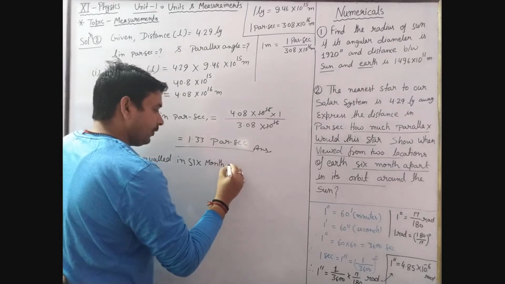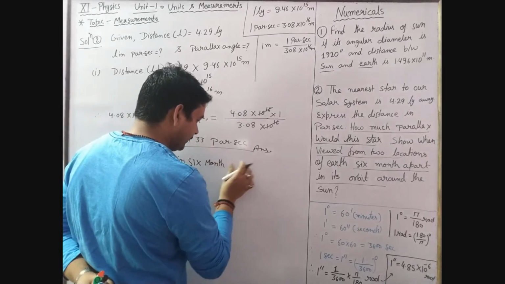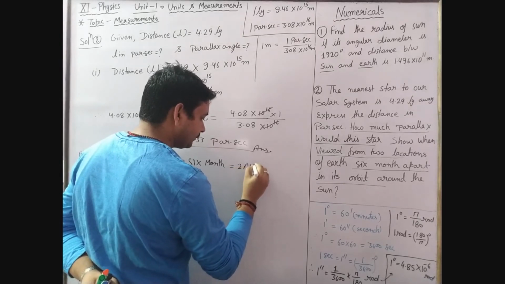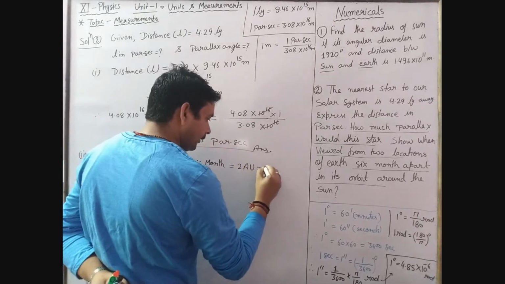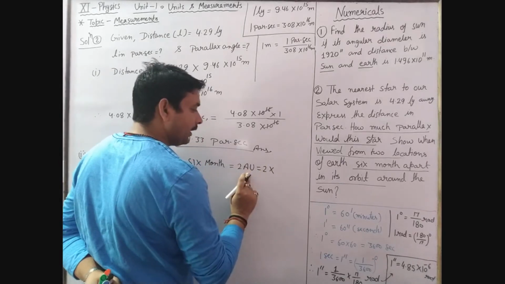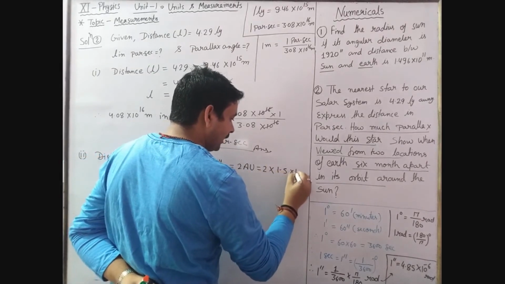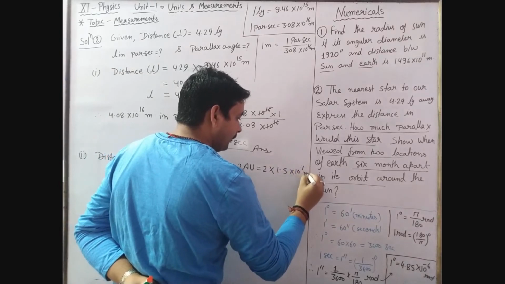Always remember, students, it is equal to 2 AU, and 1 AU, astronomical unit, means 1.5 into 10 to the power 11 meter.